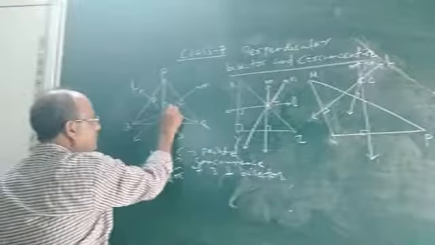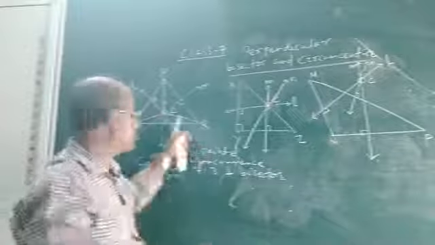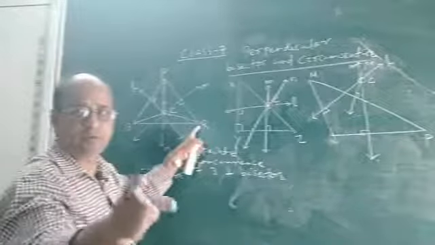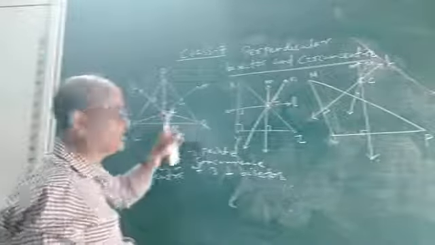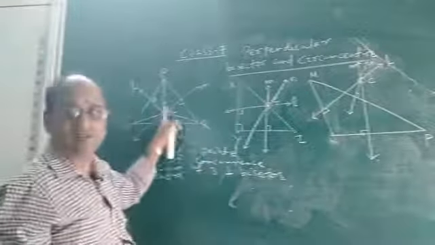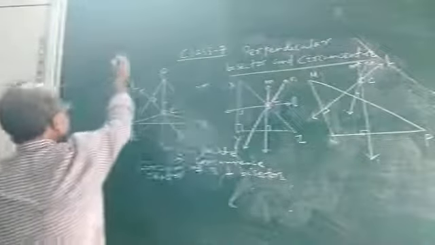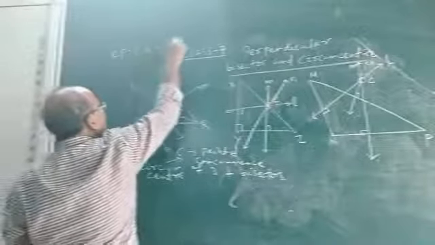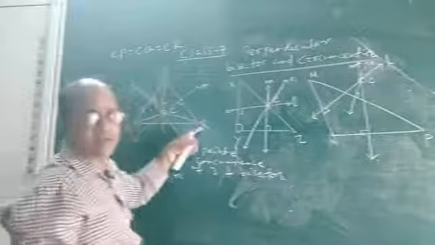Join this circumcenter C to each vertex of the triangle, and you measure the lengths of CP, CQ and CR. You will be surprised to see that the lengths of CP, CQ and CR are equal. That means the circumcenter is always equidistant. CP is equal to CQ is equal to CR. That means the circumcenter is equidistant from each vertex of the triangle.